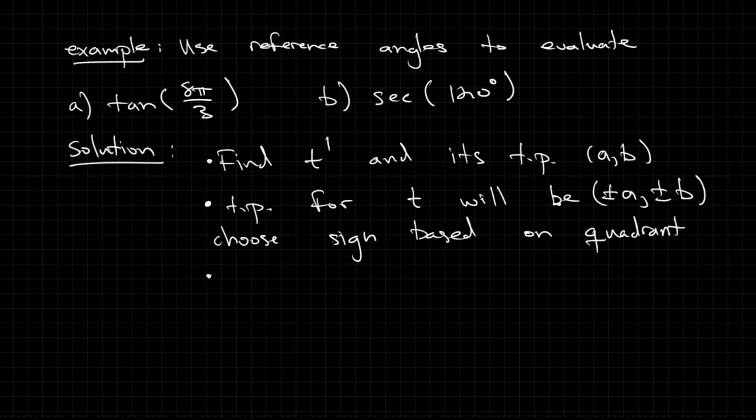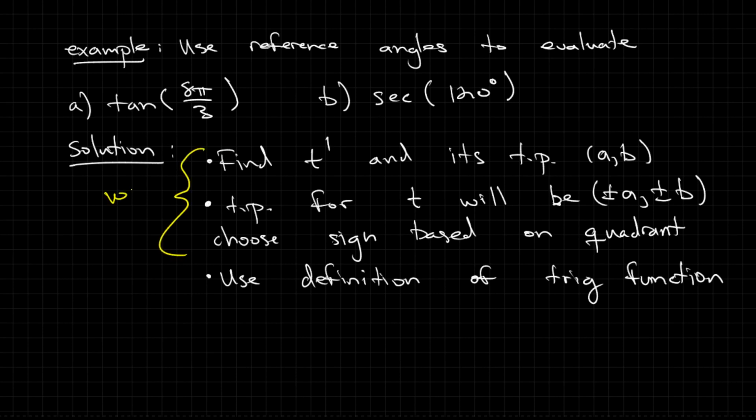And then finally, we'll use the definition of the relevant trigonometric function, whichever trig function it is. In these problems, almost all of the work lies in the first couple steps.